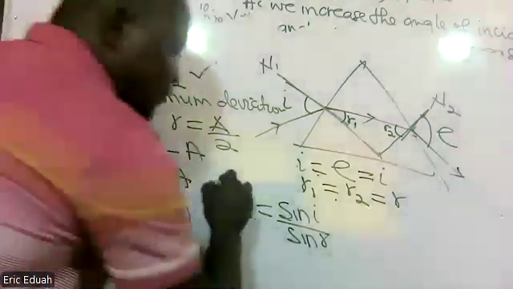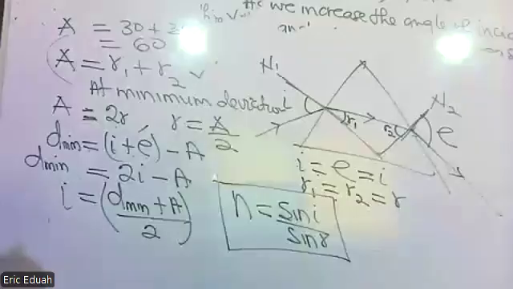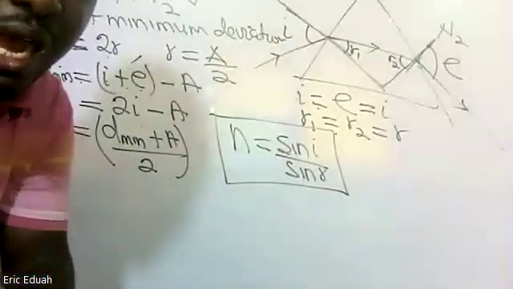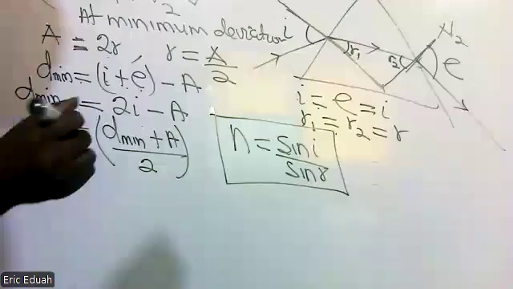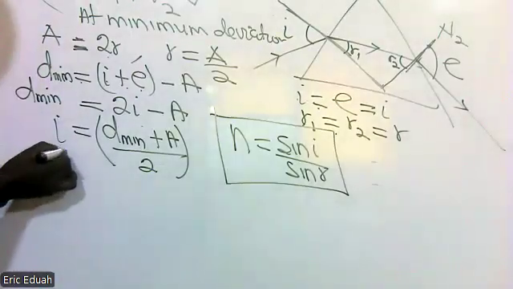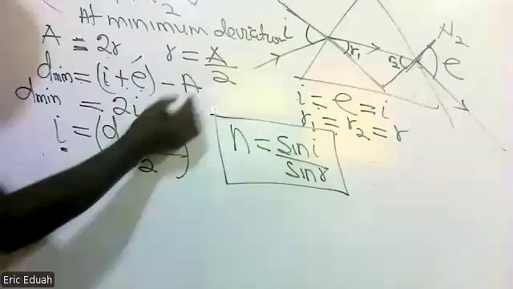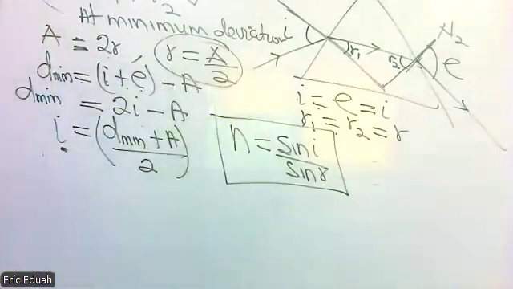So the expression for the refractive index would also change at the minimum deviation. How will it change? At the minimum deviation, we have I to be this, R to be this too.